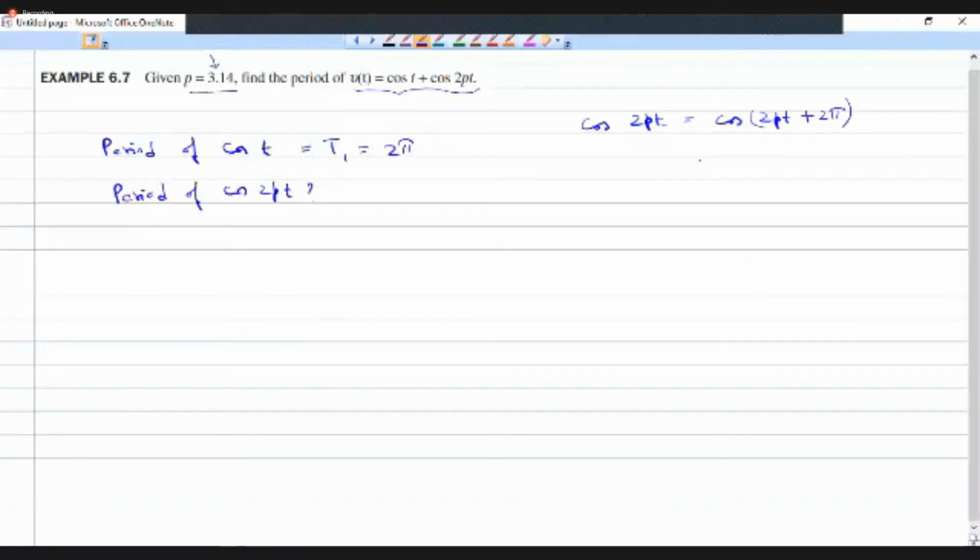Now taking out 2p out of this, it will be t plus 2 pi by 2p.